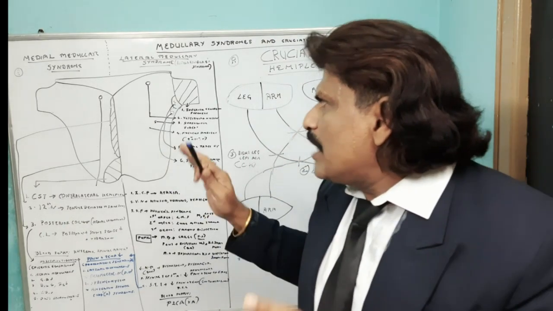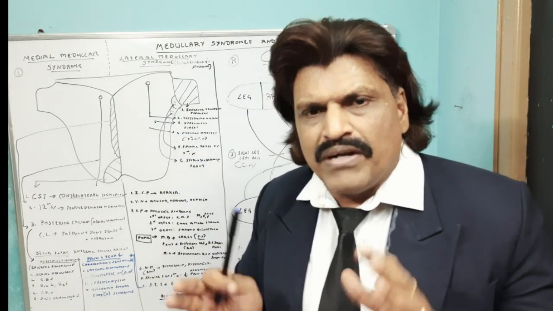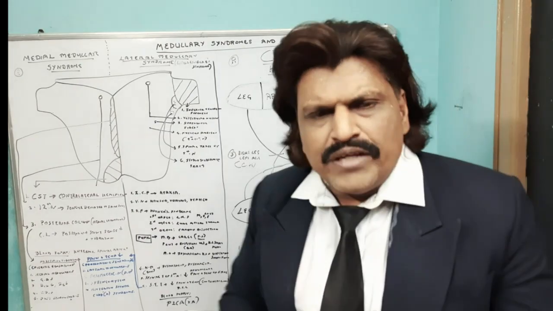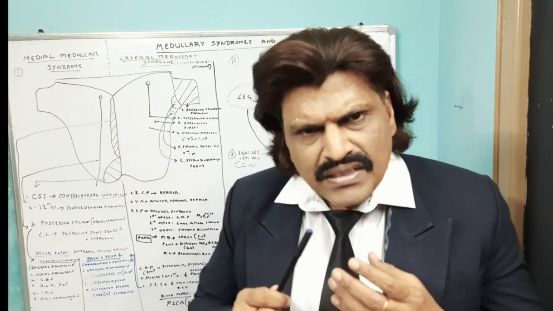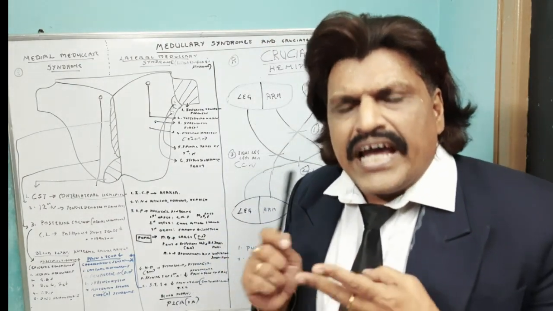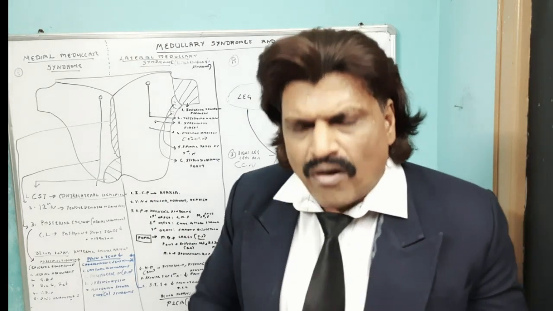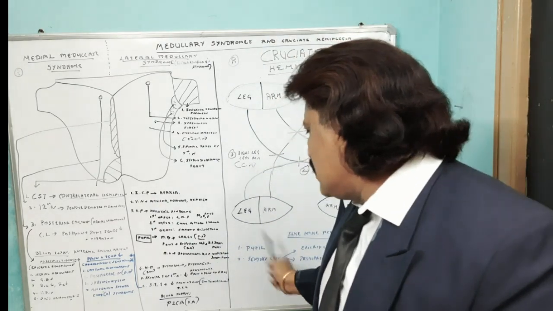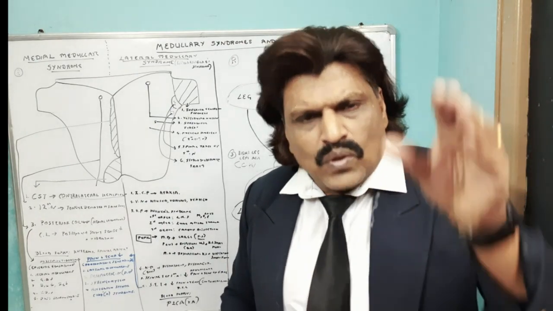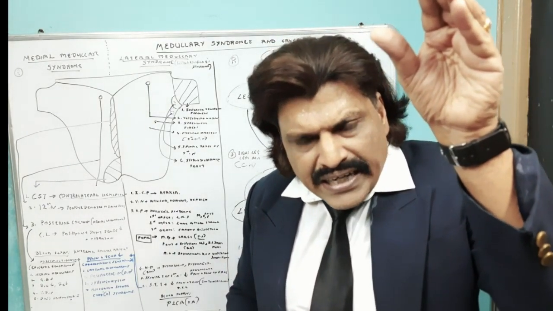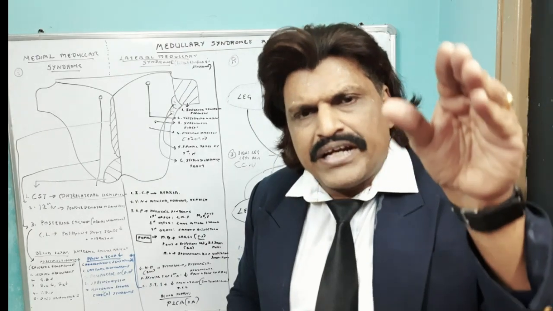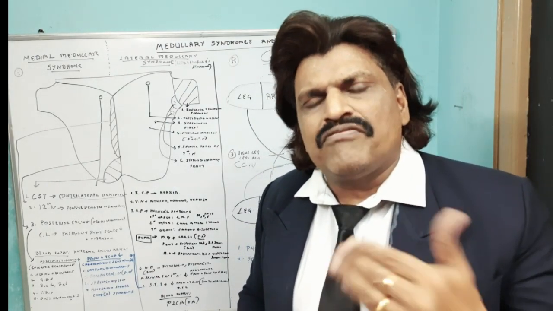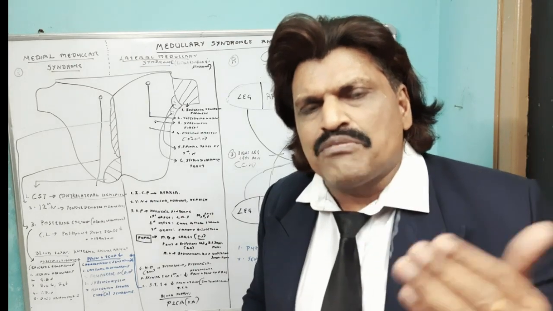So these are all the important essential points of medullary syndromes and cruciate hemiplegia. The two important exam-oriented and clinically exciting points are: one, the pupil. Though the sympathetic tract runs in its entirety through the midbrain, pons and medulla, the clinical manifestations are different in each part of the brainstem.